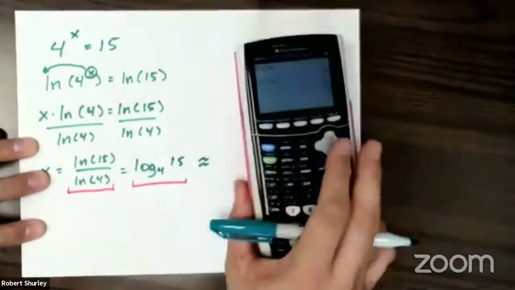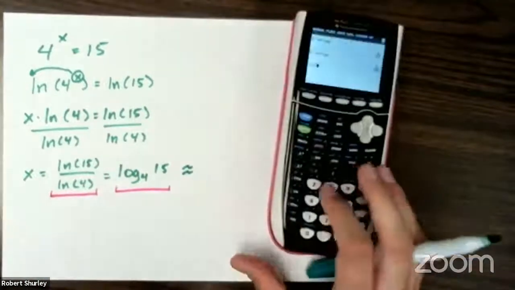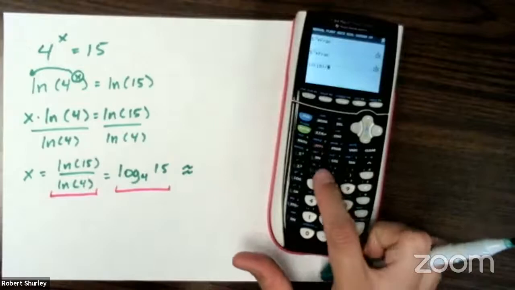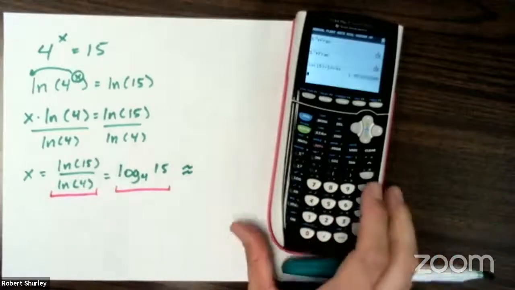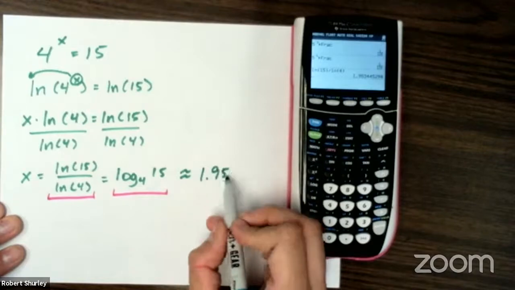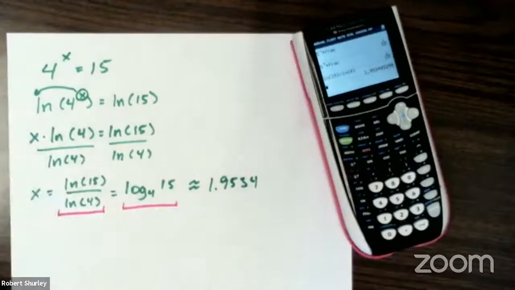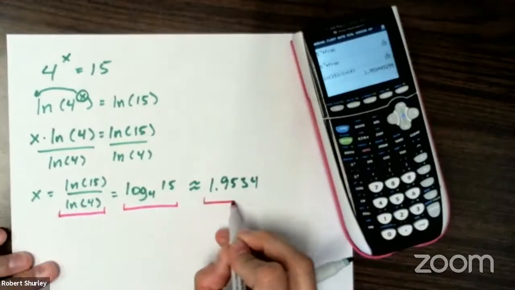So I'm going to put this in the calculator: the ln of 15 divided by the ln of 4. Let's do 4 decimal places. 1.9534.